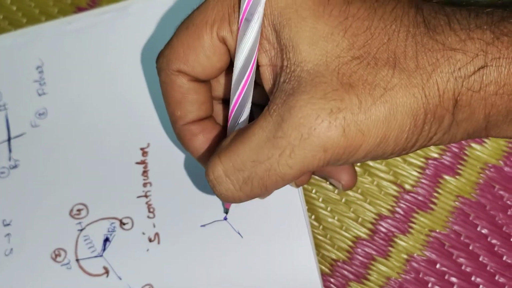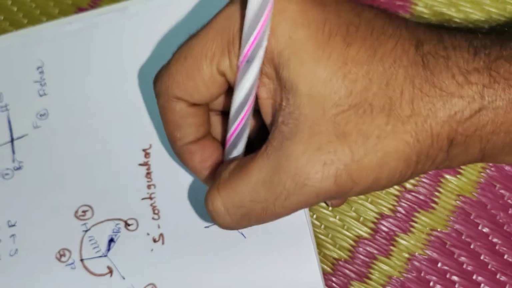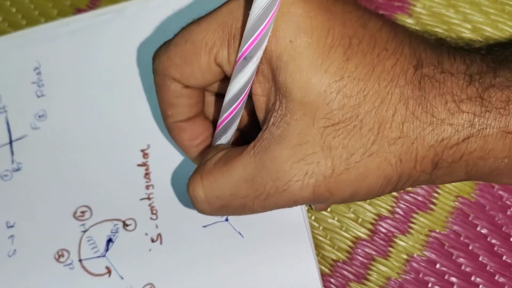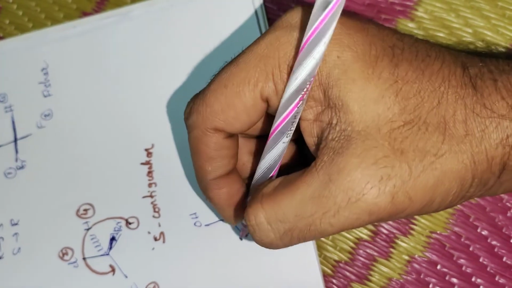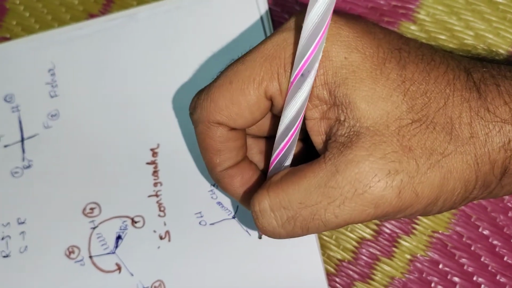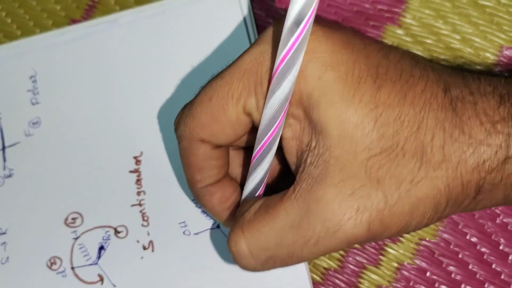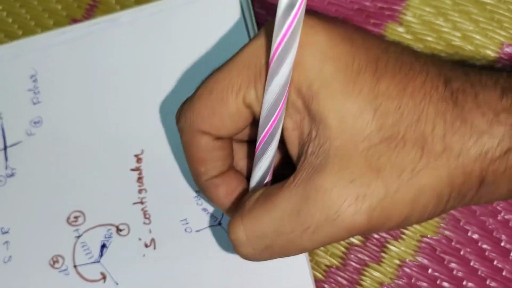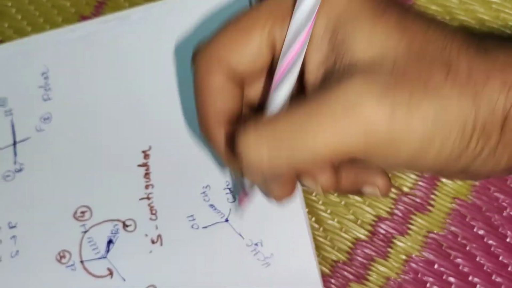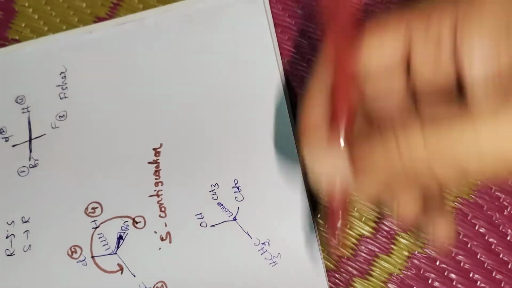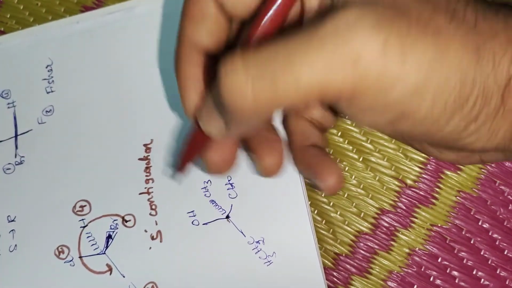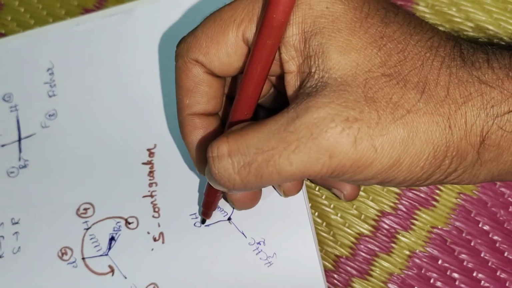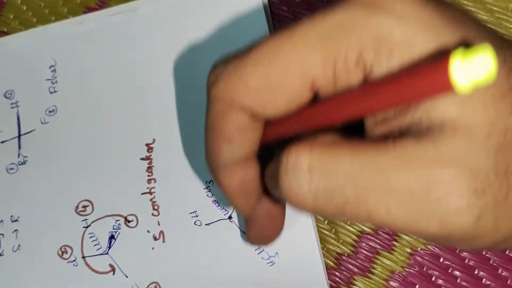CHO, CH3, OH, CH2, CH3. See here, first this carbon is directly attached to the oxygen, and oxygen is the highest atomic number when compared to carbon.